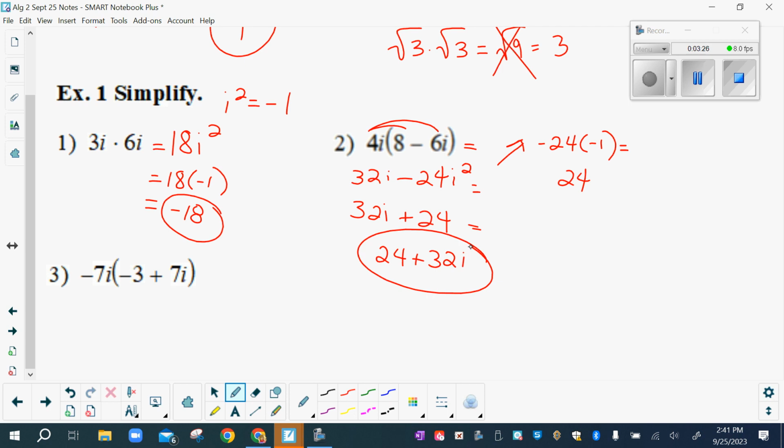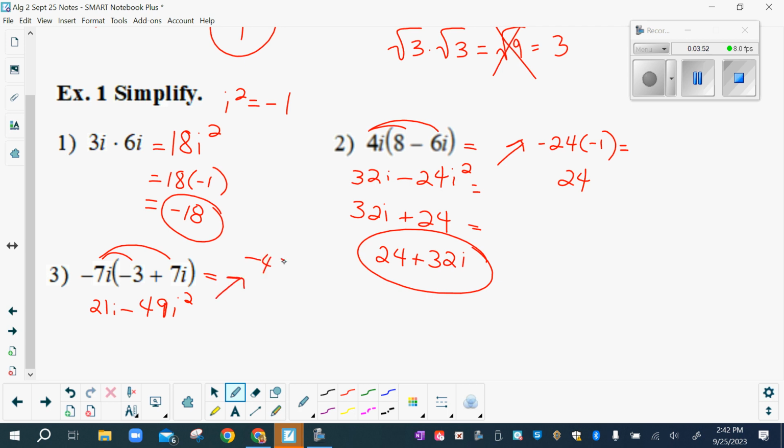Okay, number 3. David, go ahead and do that for us. What do we get? So you distribute. Good. Okay. 21i plus 7, I mean, -49i, -49i squared. Good. And so now we need to simplify that i squared.